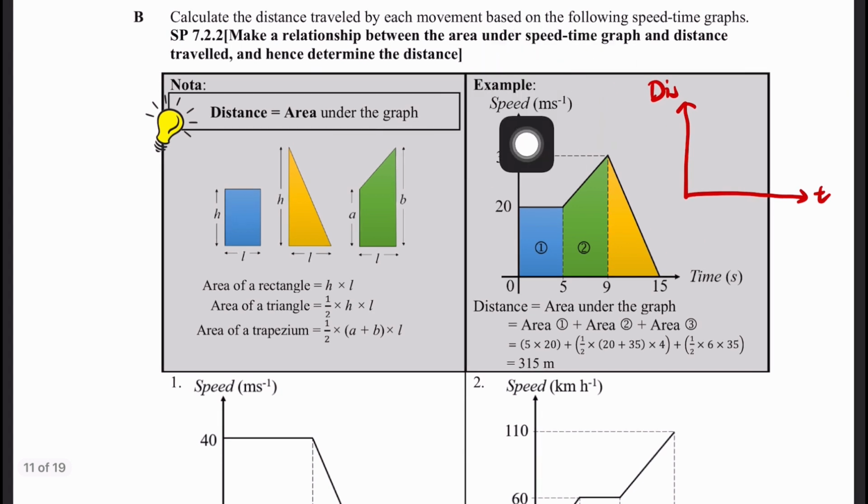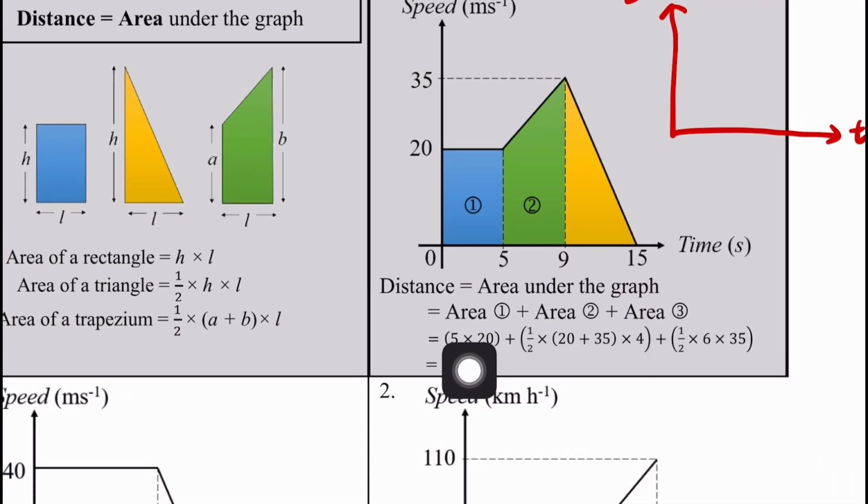Now look at this example. Distance for this travel is equal to the area under the graph: area 1 plus area 2 plus area 3. Area 1 is just 5 times 20, length times width. Area 2 is 1 over 2, trapezium, (20 plus 35) times 4.